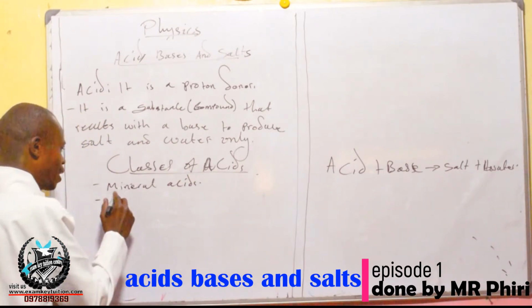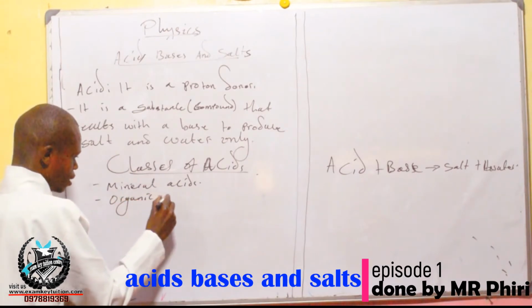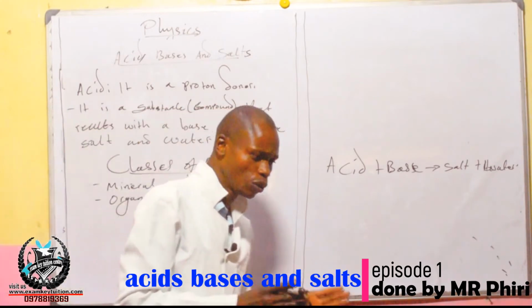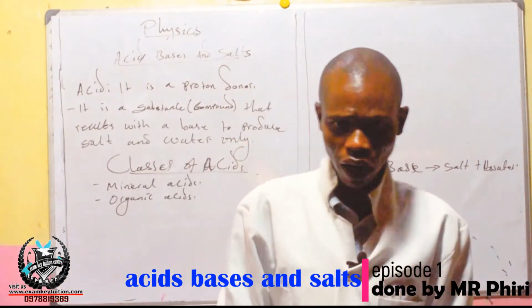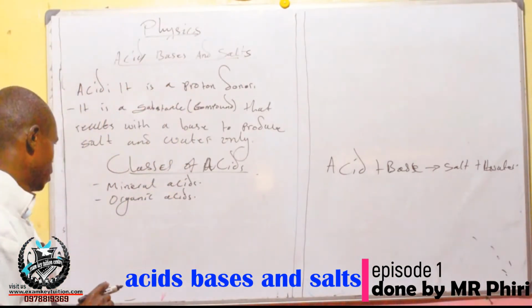Apart from this, we have what we call organic acids. These are two classes of acids.